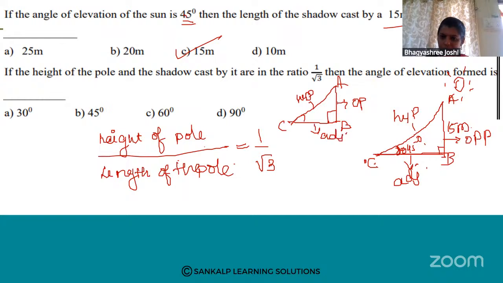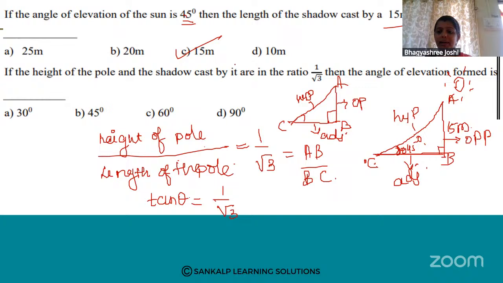Now the height of the pole is AB divided by the length of the shadow, that means opposite divided by adjacent. That means here also it is tan theta. Yes or no? Tan theta is equal to AB divided by BC, in the ratio 1 divided by root 3.